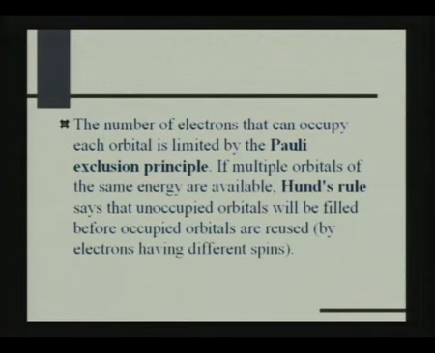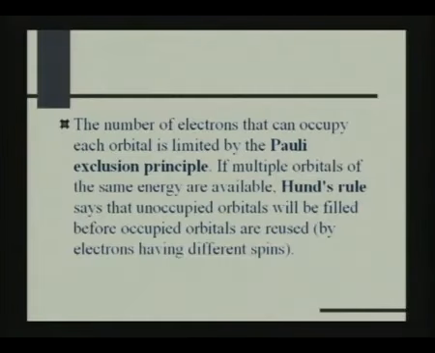The principal quantum number n, the azimuthal quantum number l, the magnetic quantum number ml, and the spin quantum number ms. So if there is one electron with a particular n, l, ml, and ms equal to plus half, then the other can have n, l, ml the same, but at least ms must be different, that is, minus half.